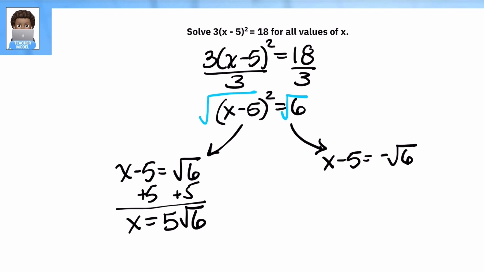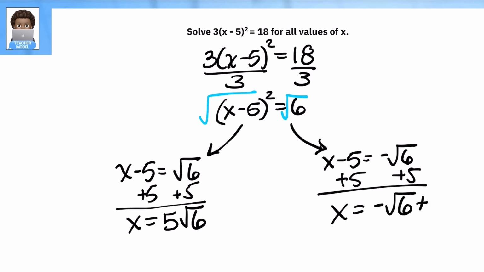And on the other end, I end up with, I'm going to write it as negative square root 6 plus 5. So this one can actually be written in the same way, where I have plus or minus square root 6 plus 5. So I can have that one written either way. So let's hit pause and jot this one down.